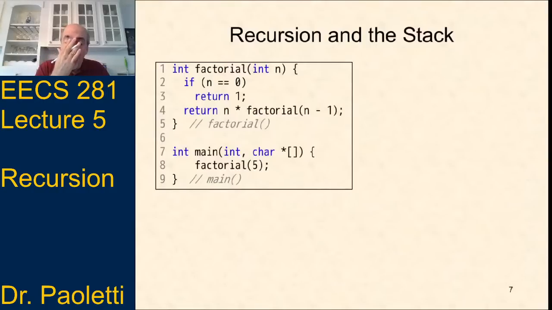Now, when we talk about recursion and the stack, we've got an example here of main calling factorial of 5. We really should have just a little bit more in main here, like maybe a cout, less than less than endl. We're actually going to display the result once it's done. We're not just going to call it and have nothing happen with the result.